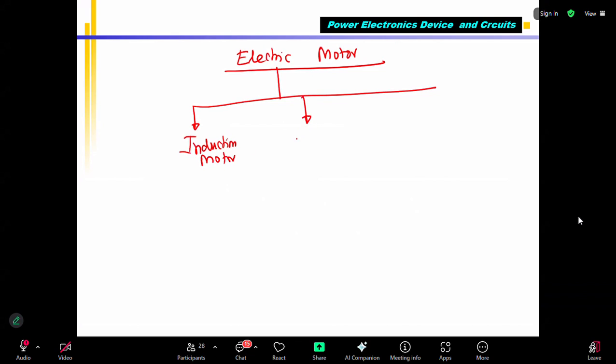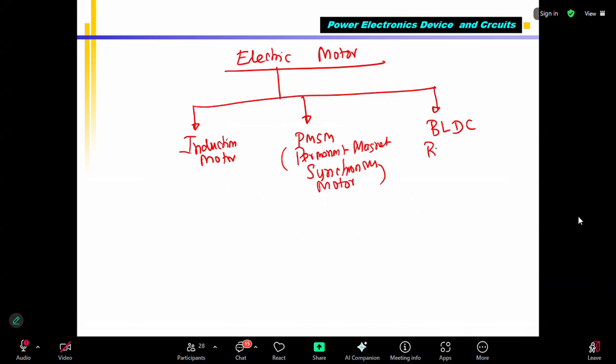The other one is PMSM, that is permanent magnet synchronous motor. The third one was BLDC, brushless DC motor.